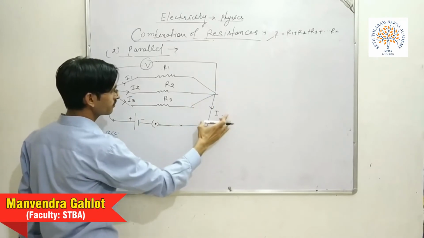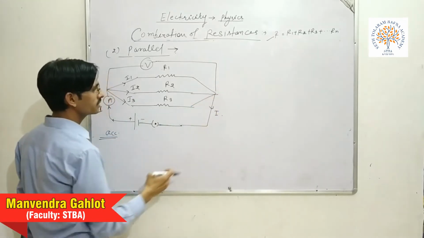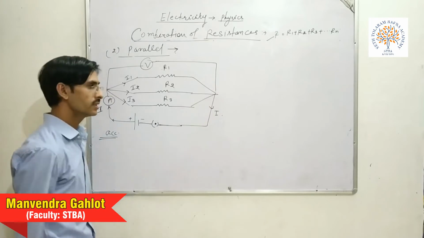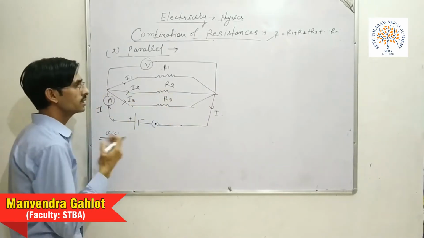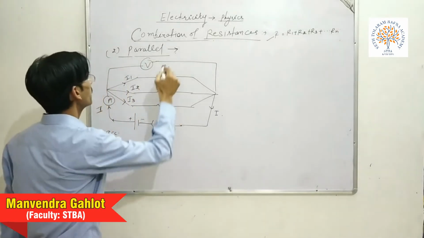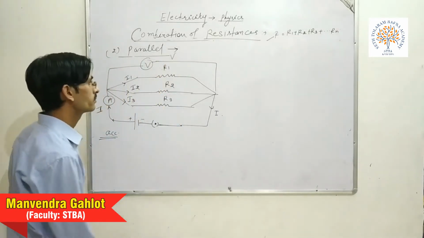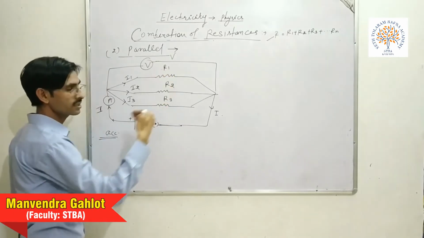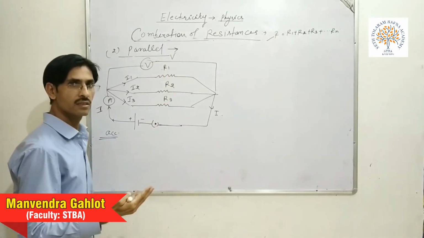Then again they combine into I. To find the potential difference across each resistor, that becomes V, because the voltmeter is connected in parallel.